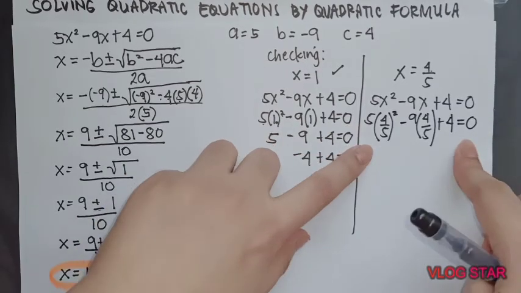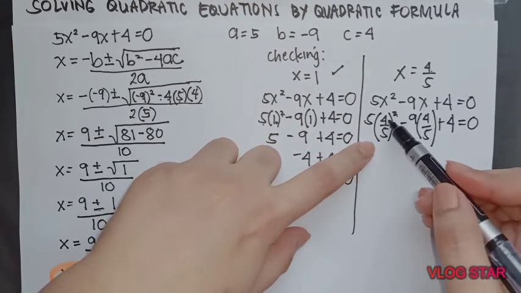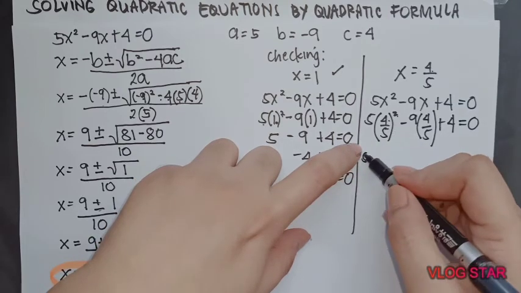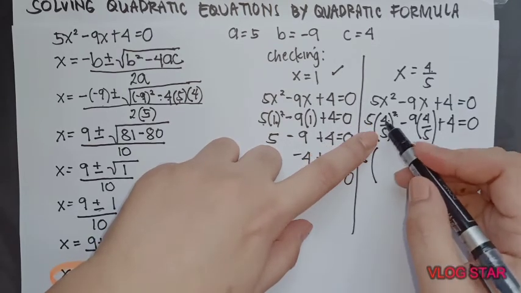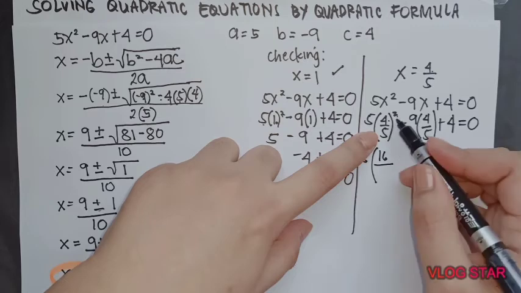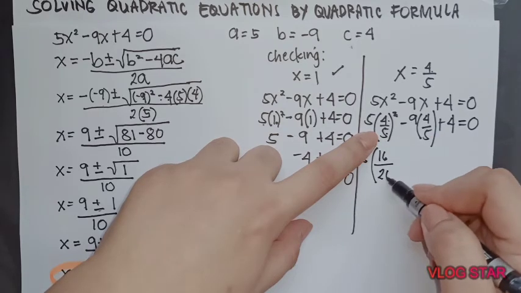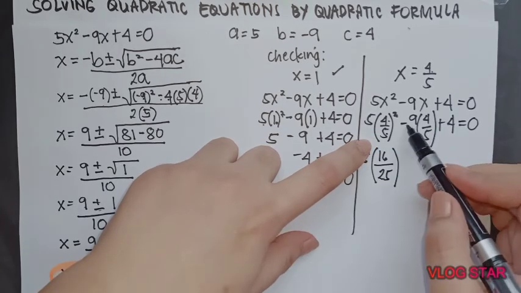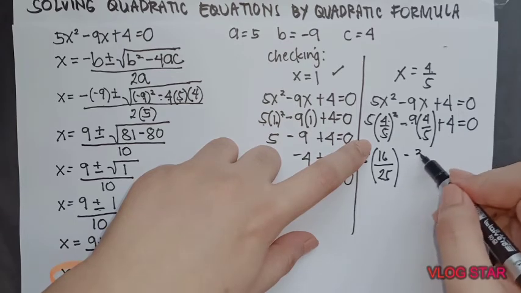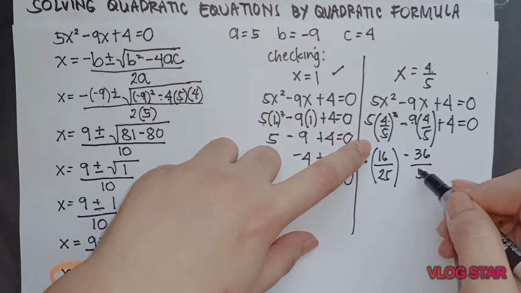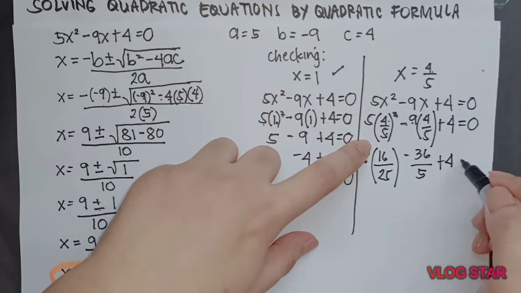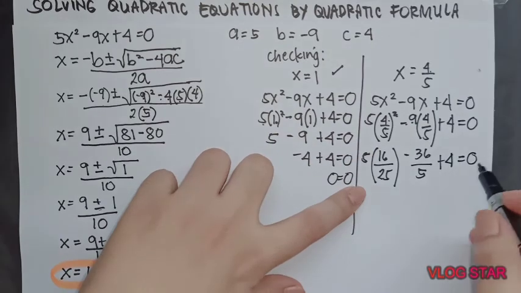Is it equal to 0? Let's first get the square of 4/5. So copy 5 times the square of 4, which is 16, over the square of 5, which is 25. Negative 9 times 4 is negative 36 over, copy 5, plus 4. Is it equal to 0?